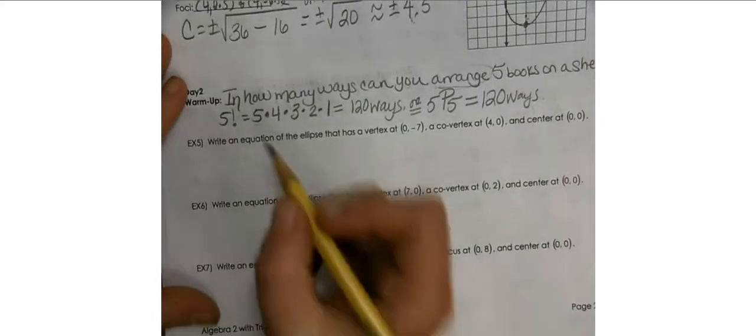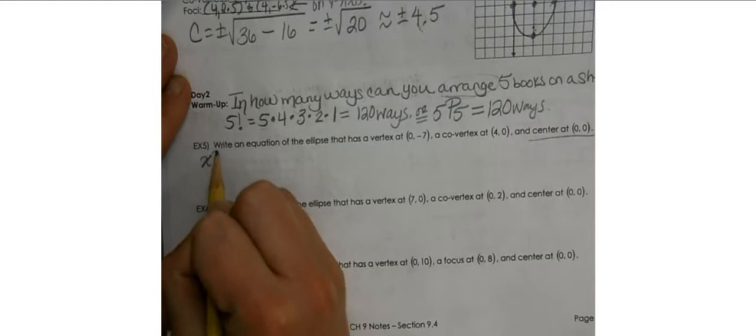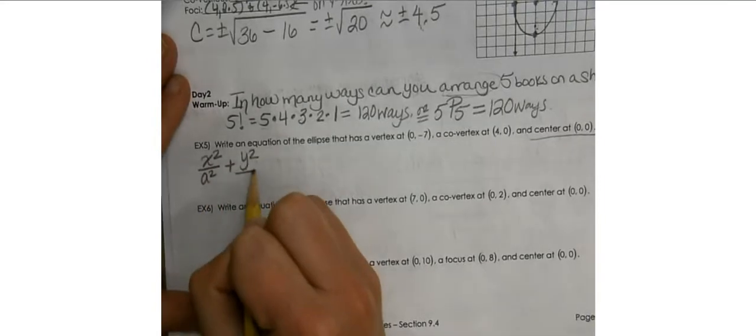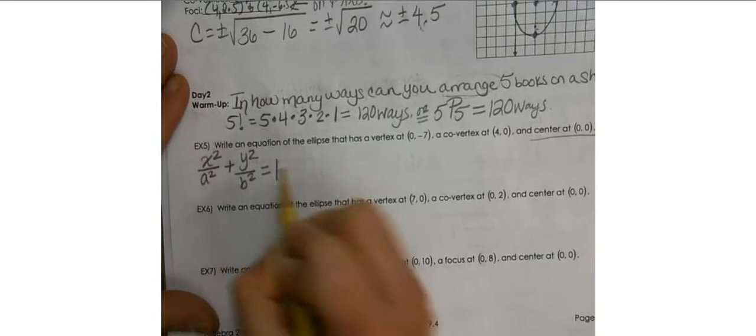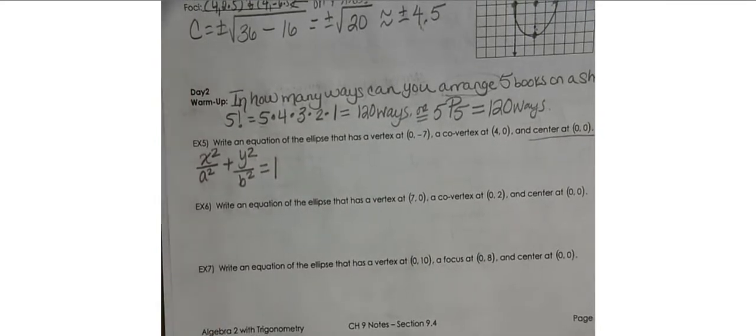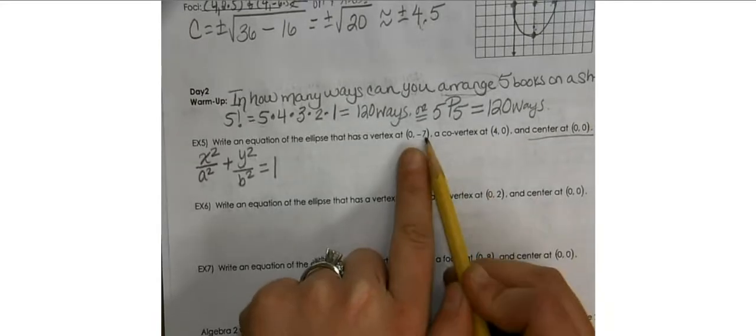Now remember that the general format of an ellipse where the center is located at 0, 0 is going to be x squared divided by a squared plus y squared divided by b squared equals 1. And the way to tell, whenever you're given a vertex versus a covertex, the vertex is going to be, in this case, 0, -7.